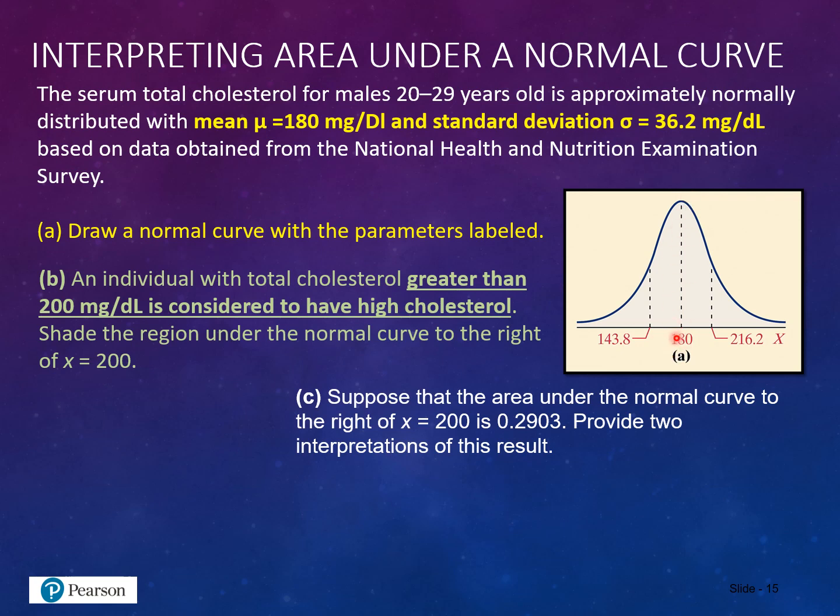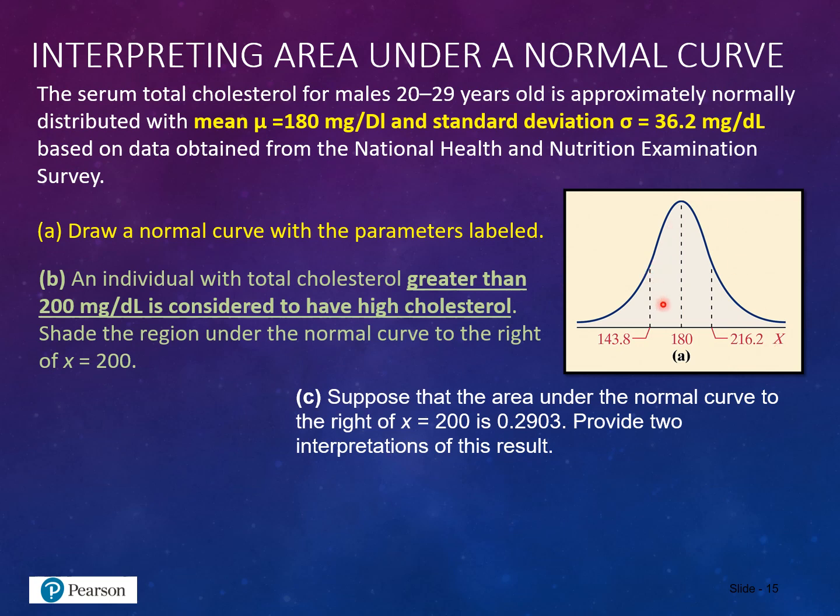That's the center part, that's our center average value. The standard deviation is 36.2, so our inflection points are at the mean plus 1 standard deviation: 180 plus 36.2 gives us 216.2.